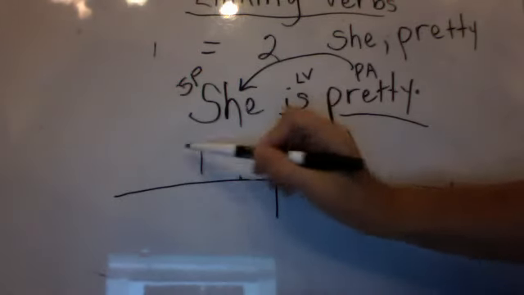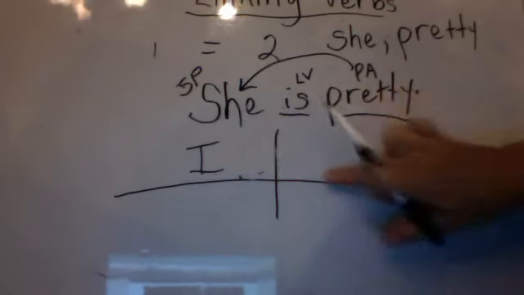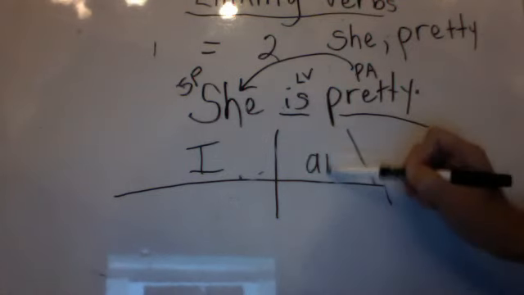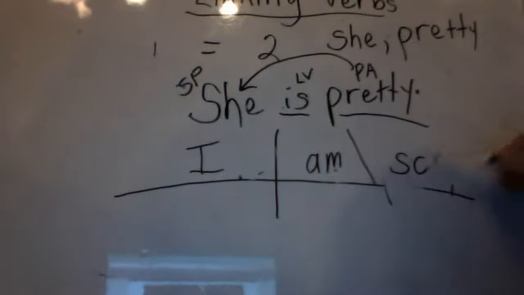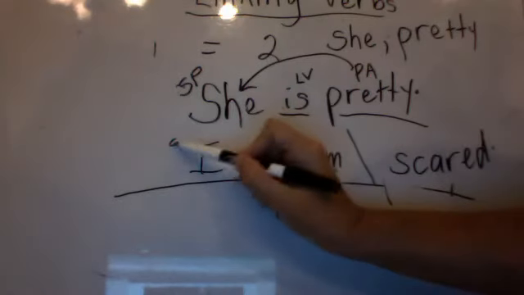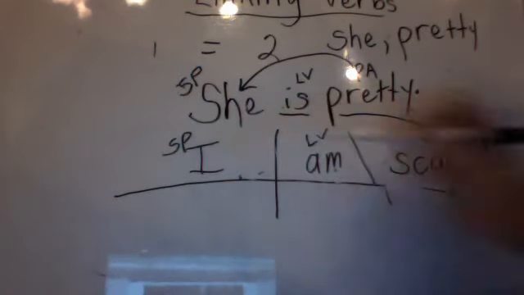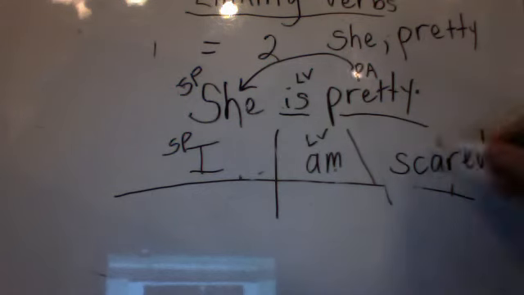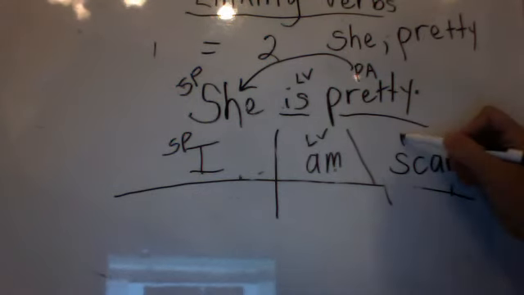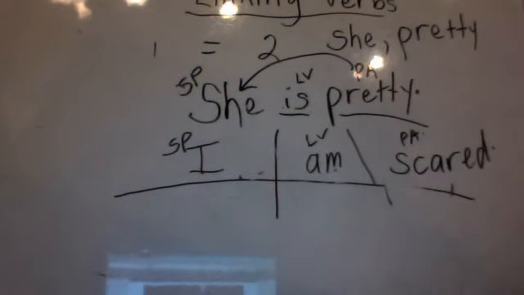We could do I am scared. I am scared. Scared is being linked with I. I equals scared. This is our subject, and it's a pronoun. This is my linking verb, linking I and scared. And scared is a predicate adjective.